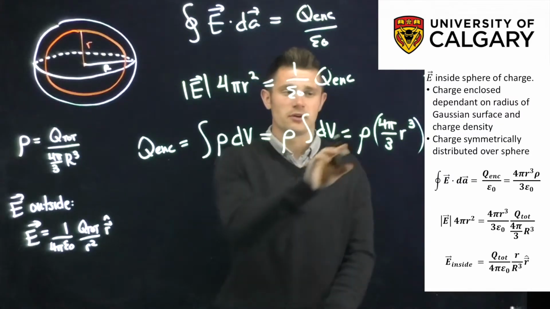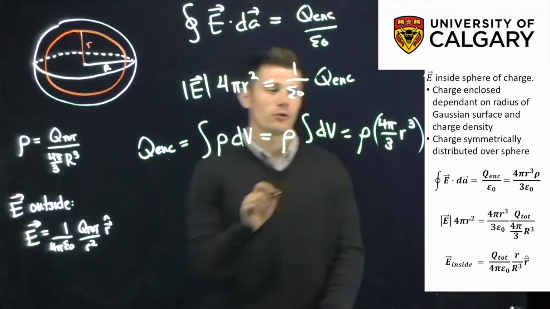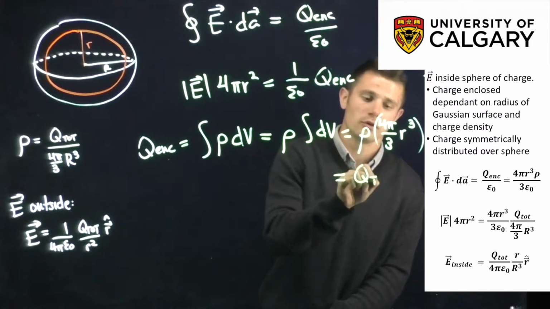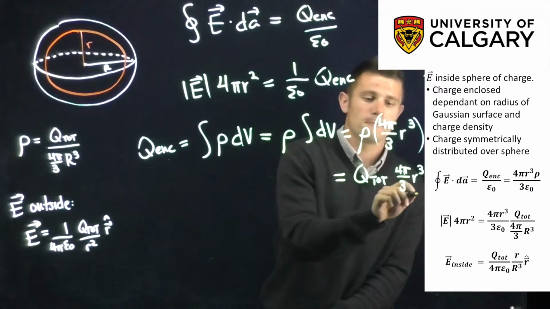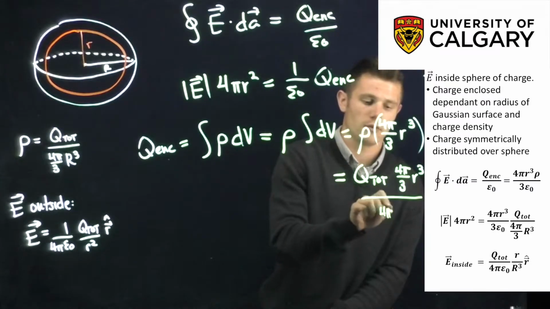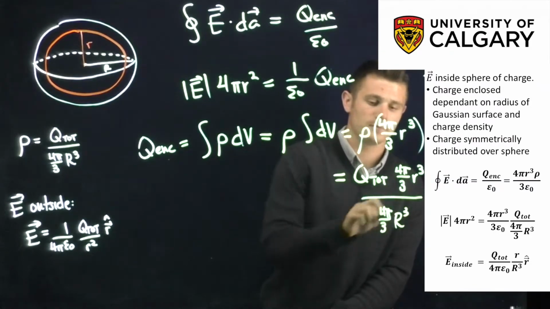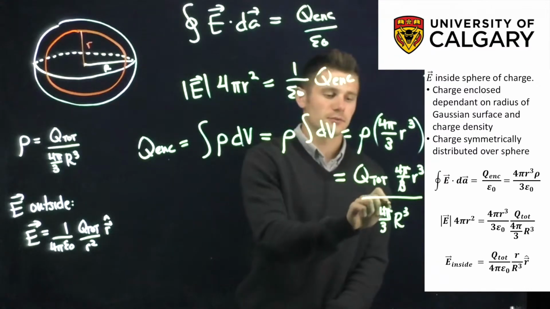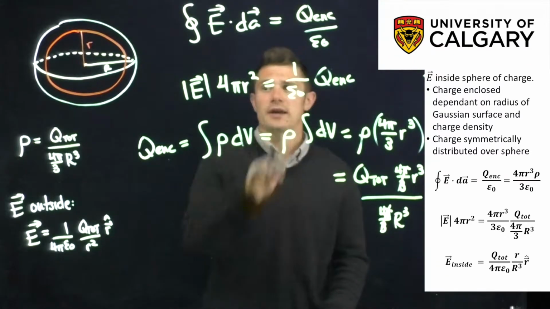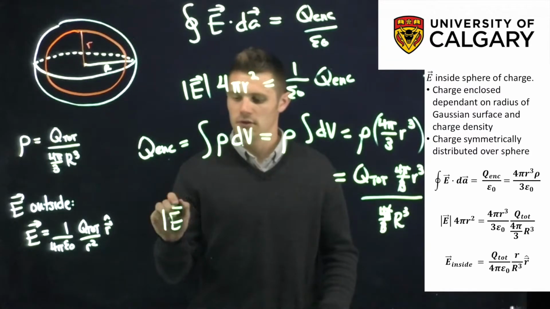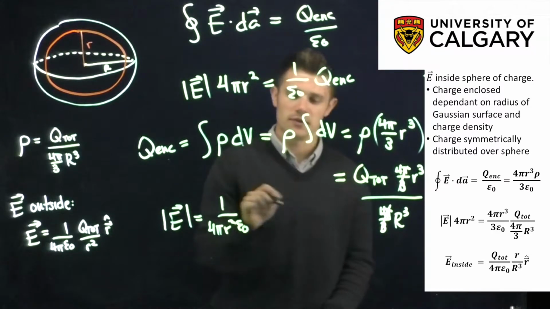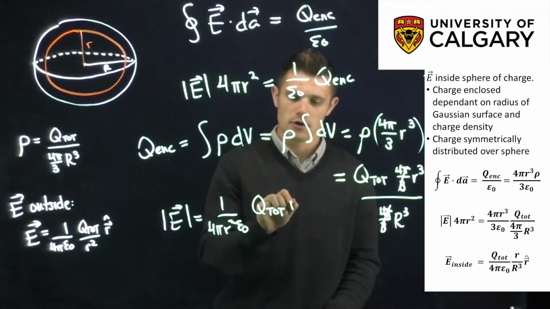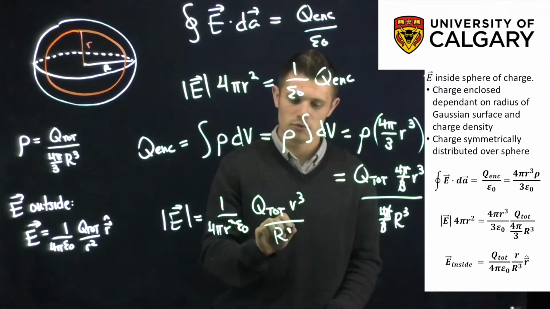Working through this, we can also substitute in what we found for rho before. So this becomes Q total, 4 pi over 3 little r cubed, over 4 pi over 3 big R cubed, and the 4 pi over 3 factors cancel. If we substitute this back into the equation, the electric field is equal to 1 over 4 pi r squared epsilon naught, times Q total, r cubed over R cubed.